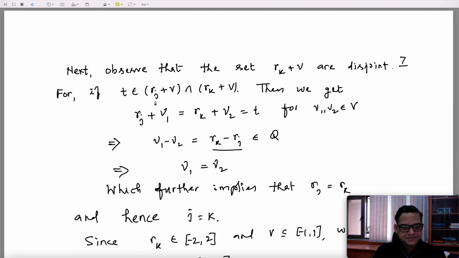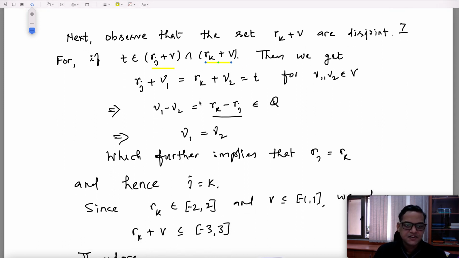Look at two distinct rationals, R_J and R_K, and look at their translations by B. We say that these sets should be disjoint, or distinct. Because if I take something in common, then I can write V1 minus V2 as R_K minus R_J, but R_K and R_J are both rationals, so their difference is also rational.